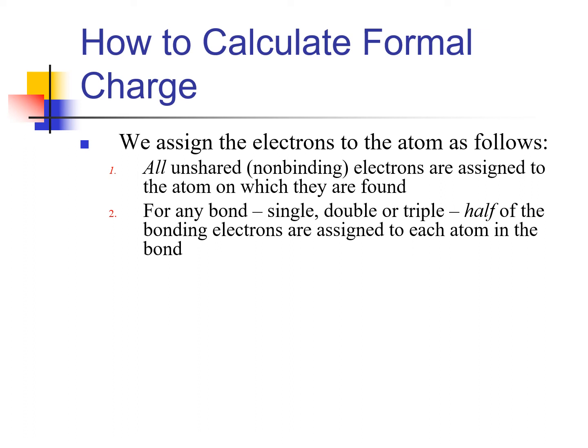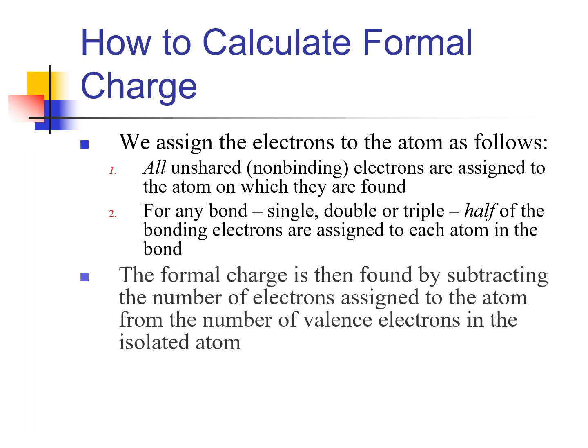So a single bond, you'd add 1, a double bond we'd add 2, a triple bond we'd add 3. So we add up all the unshared electrons, then we add 1 for each bond. We then subtract that number from the number of valence electrons in the atom. So it's the number of valence electrons minus this number.